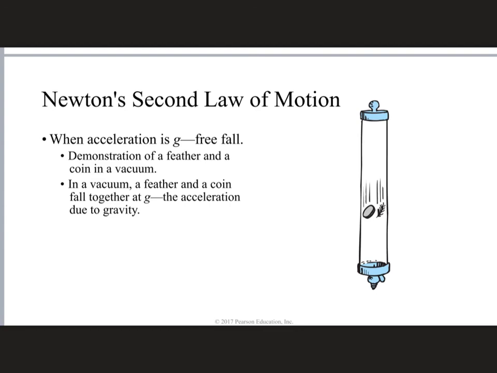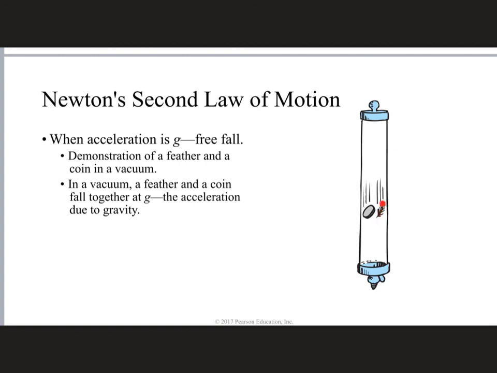We said everything falls at the same rate if you can ignore air resistance. A feather is very, very light, and it has a lot of surface area compared to its weight. A coin is very, very dense. And so what happens is the air resistance is much stronger on the feather than it is on the coin, or it has a bigger impact on the feather. Maybe that would be the better way to say it.